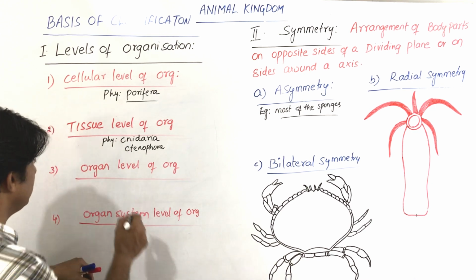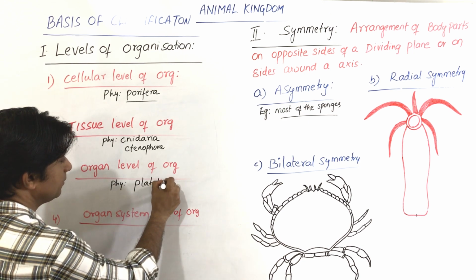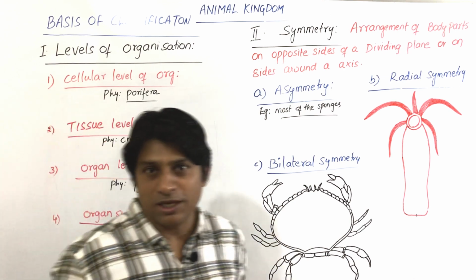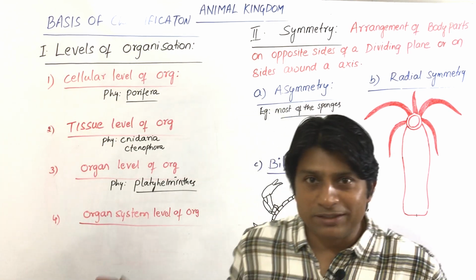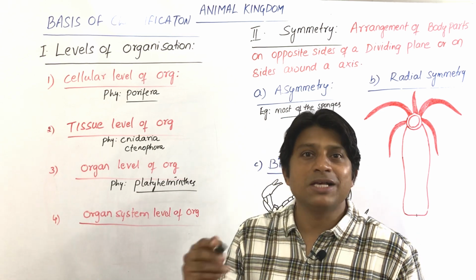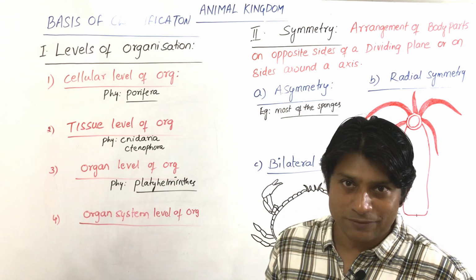Next, in phylum Platyhelminthes, this is the first triploblastic phylum where tissues are combined to form organs which are performing a set of functions. This is called organ level of organization.